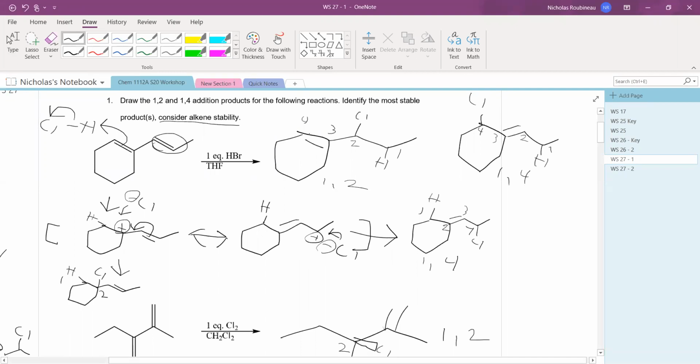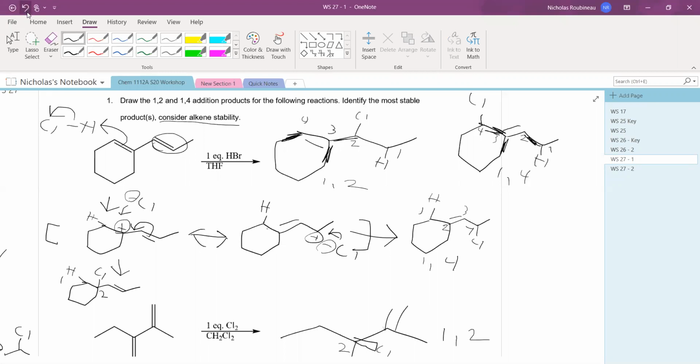So for this first 1,2 product here, the double bond has three substituents that I tried to highlight. It's just the three different carbons it's bonded to. And then this 1,4 product also has three substituents. Did I draw one of these? Oh, not all of these are products.